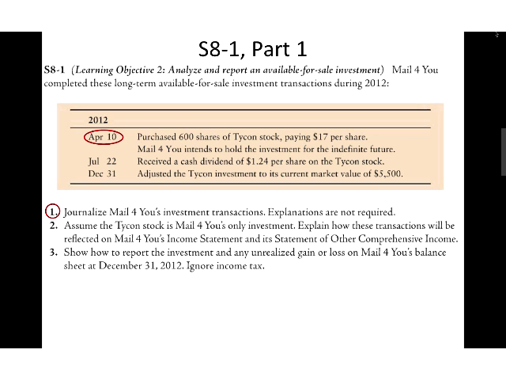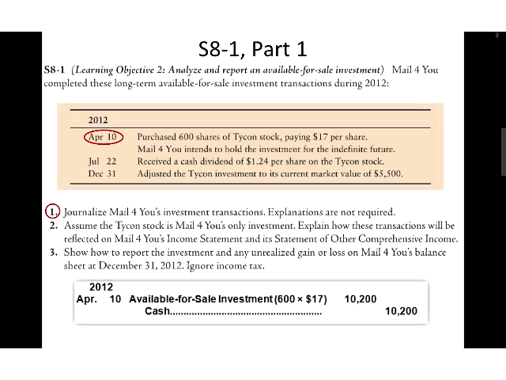Our journal entry is going to be to debit our investment, and in this journal entry I'm calling it available for sale investment, but it would just be an investment. The 600 times 17 is where I got the 10,200. The 600 times 17 is not part of the journal entry, but that's an asset we're debiting because we're increasing it. And we are crediting cash.